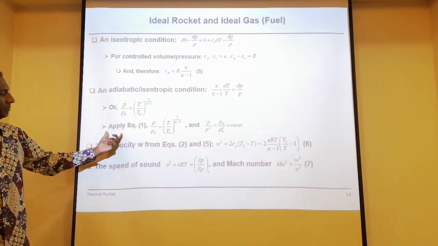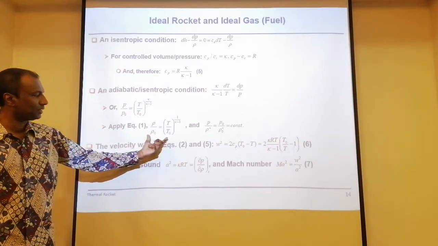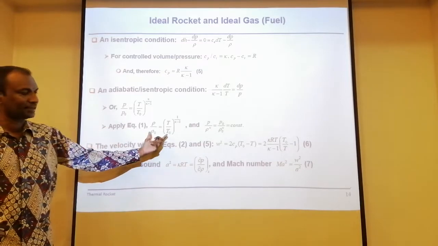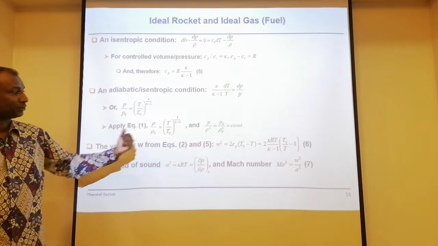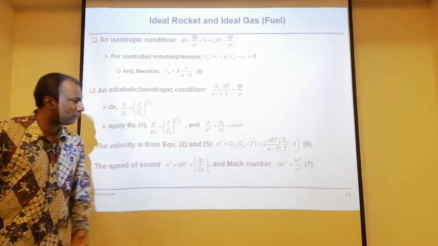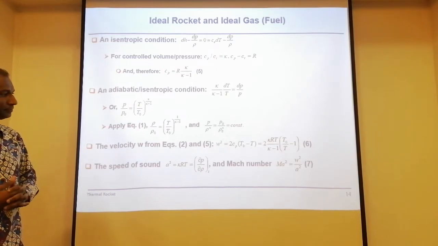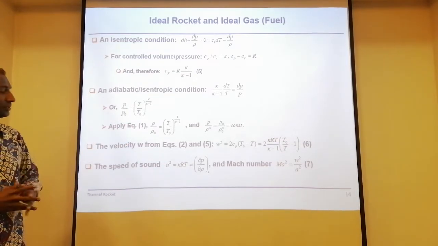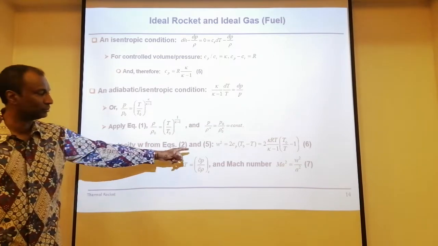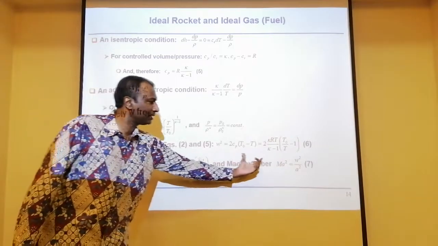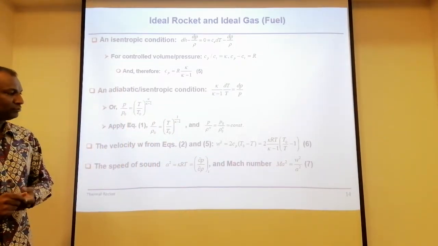Now, applying equation 1, I can have this formulation as well, which is the relation between the exit density and the temperature. Therefore, for those parameters, the exit conditions are held constant. So the velocity W from equations 2 to 5 can be rewritten in terms of kappa. Now, the speed of sound, if I introduce it here, why?